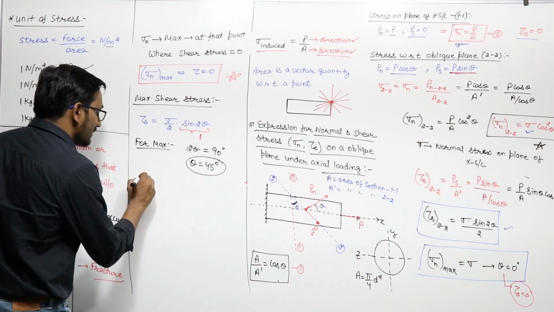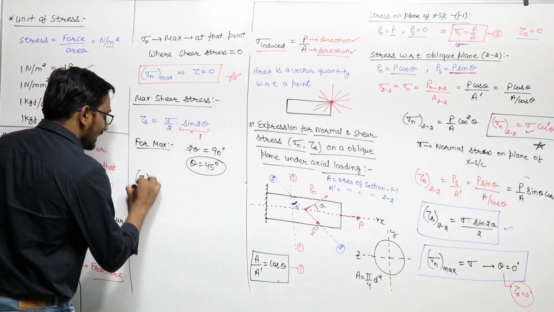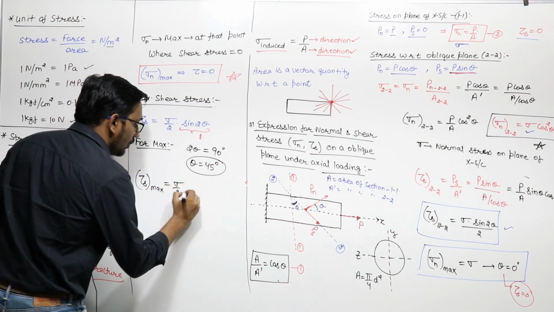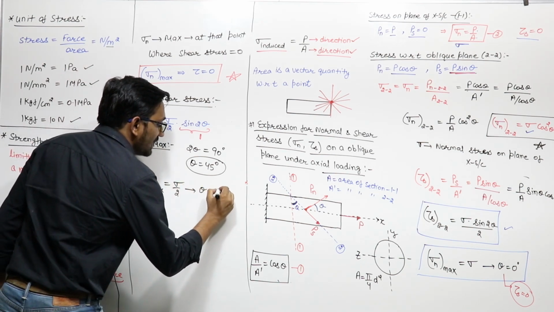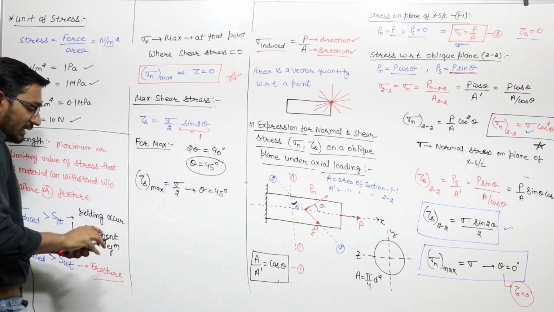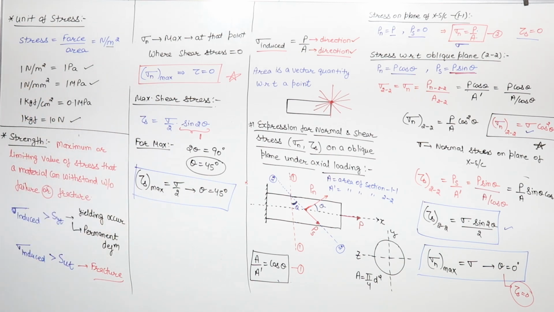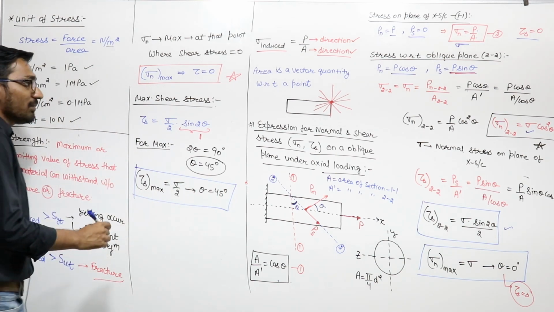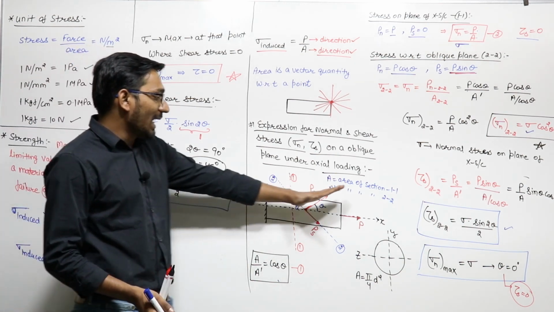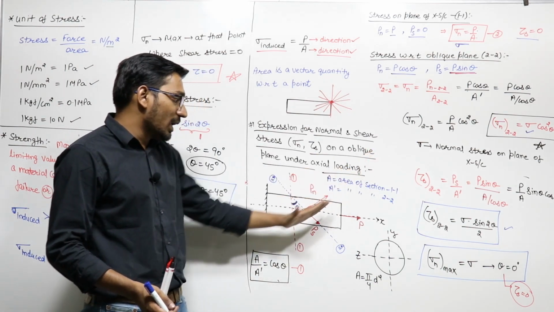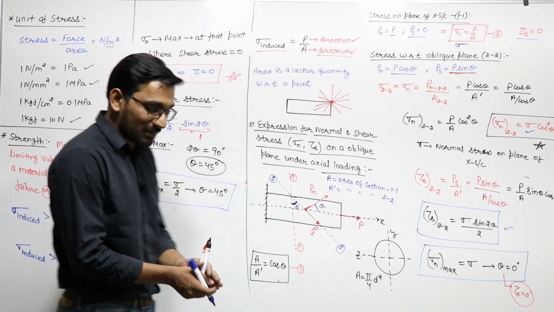So I can say that the maximum shear stress is equal to sigma by 2 at a plane which is at 45 degree from the cross section. At 45 degree to the cross section, in this plane, your shear stress is maximum.